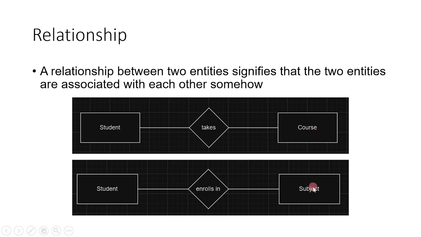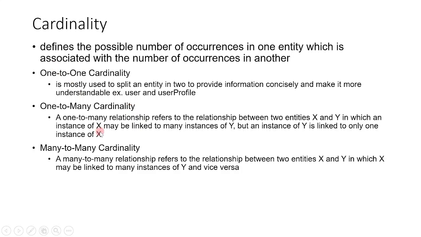But here, one subject can be taken by many students, and one student can also take many subjects. Not like above, where we could not say one student can take many courses. So that's why it is vice versa, and that is why it is many to many. These are the general types of cardinalities.